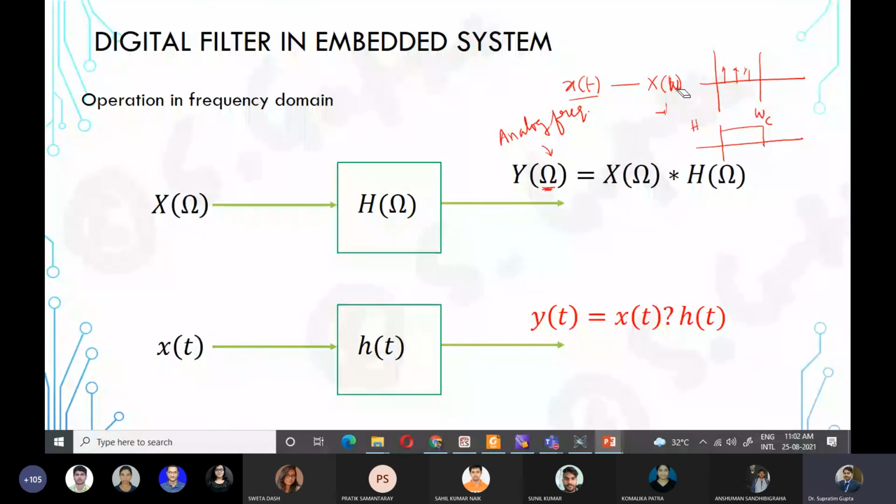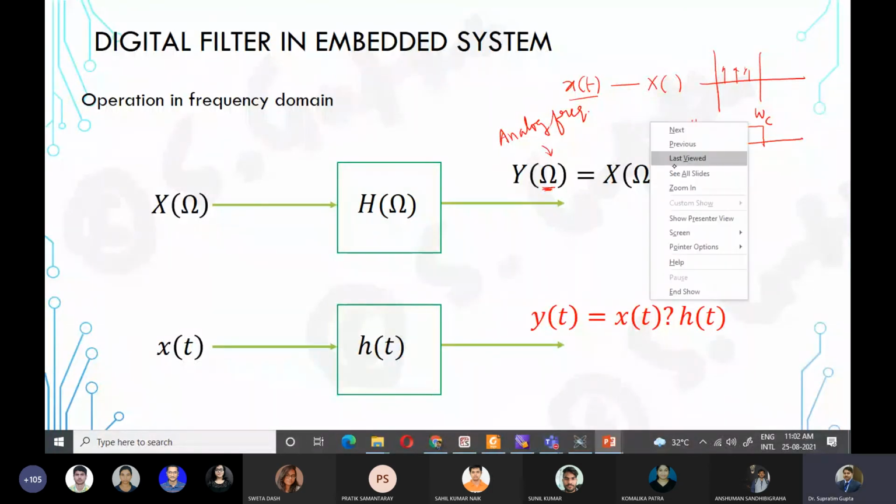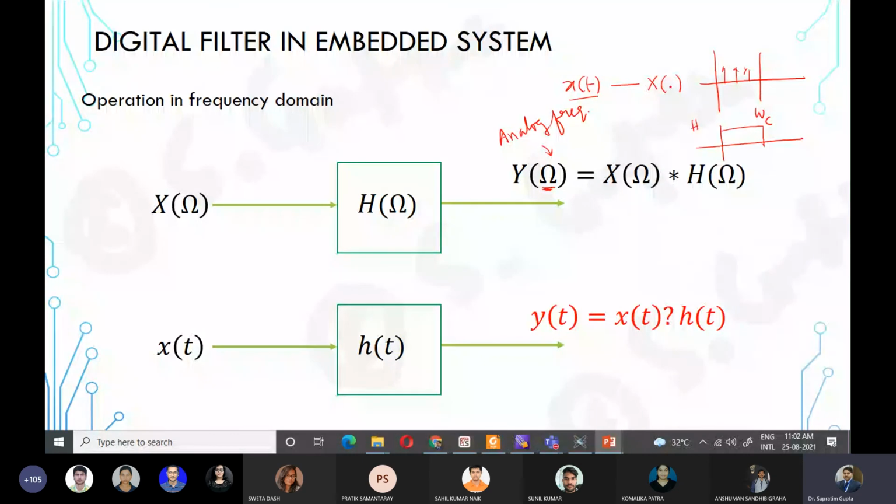All these values are 1 in this region up to omega c, and this is H of omega c.